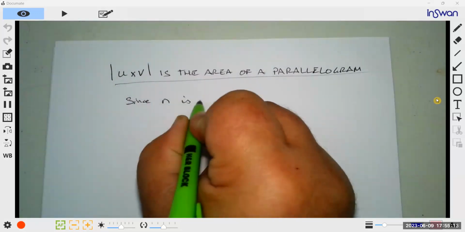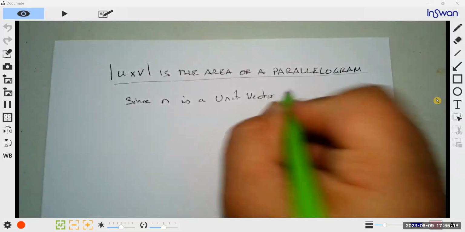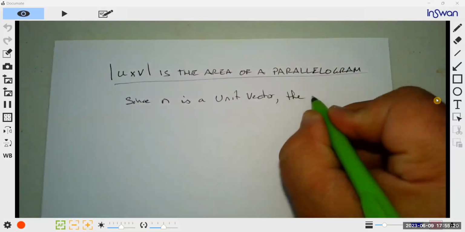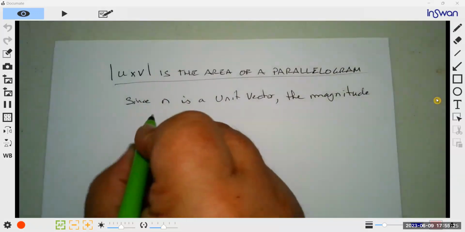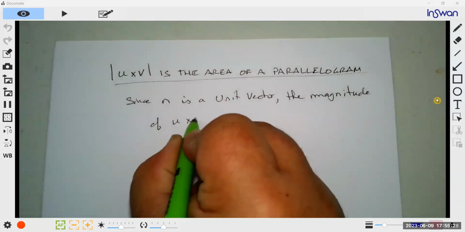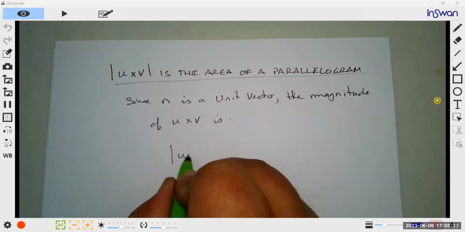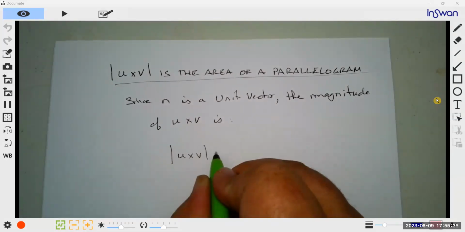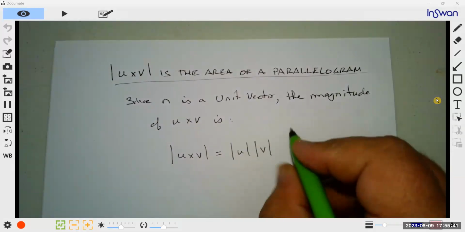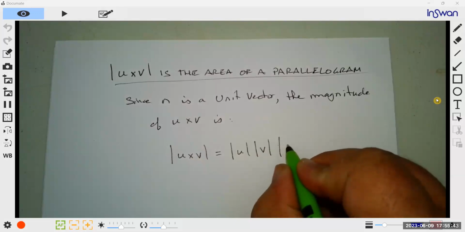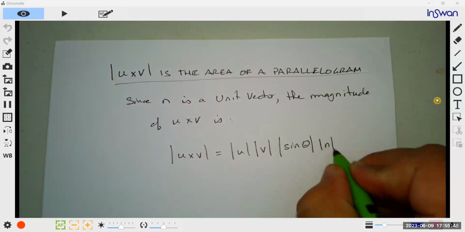Since n is a unit vector, the magnitude of u cross v is equal to the magnitude of u times the magnitude of v, times the absolute value of sine theta, times the magnitude of n.